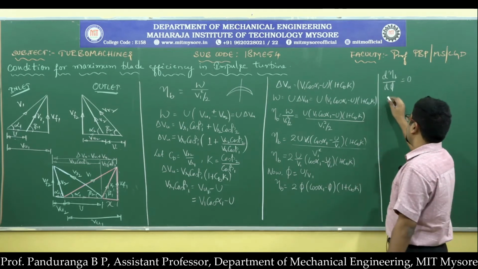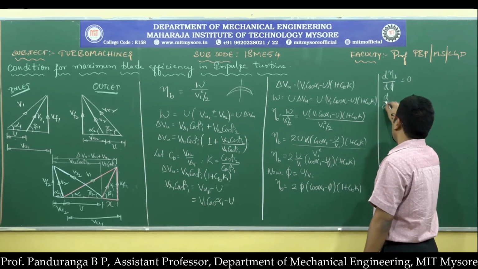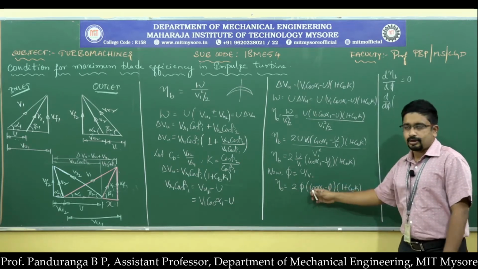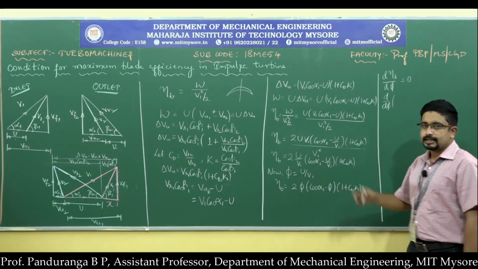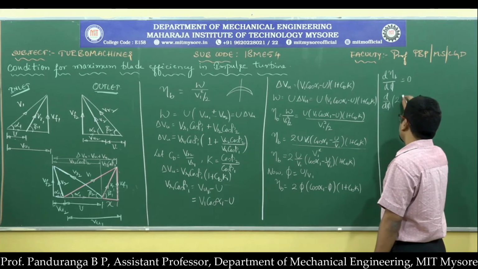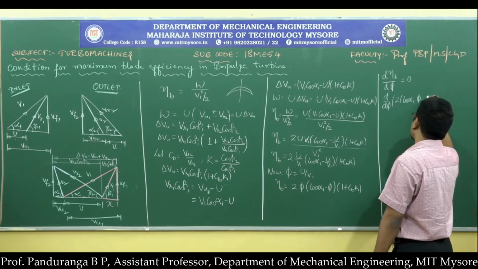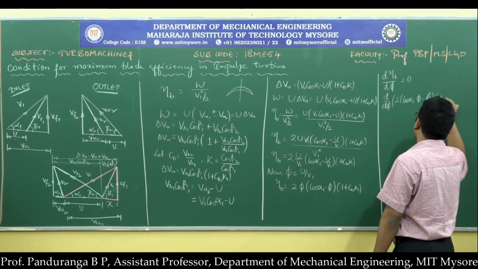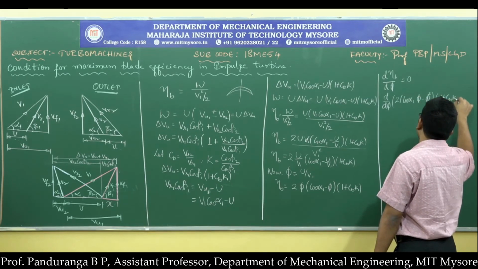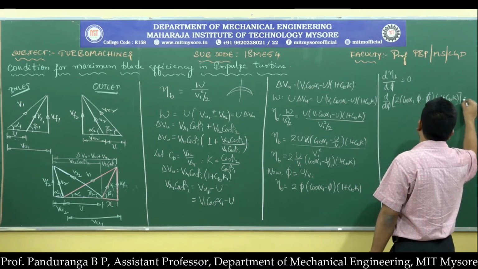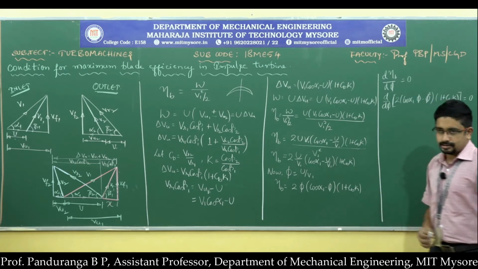So I will write d by d phi of 2 into phi into cos alpha 1 minus phi, which I will write as 2 into (cos alpha 1 into phi minus phi square) into (1 plus Cb into k). Everything here I need to differentiate with respect to phi, and that should be equal to 0.